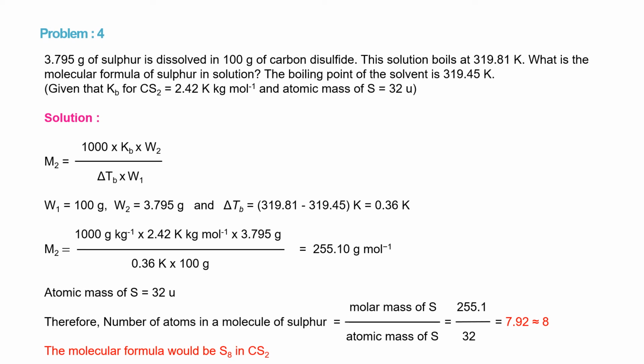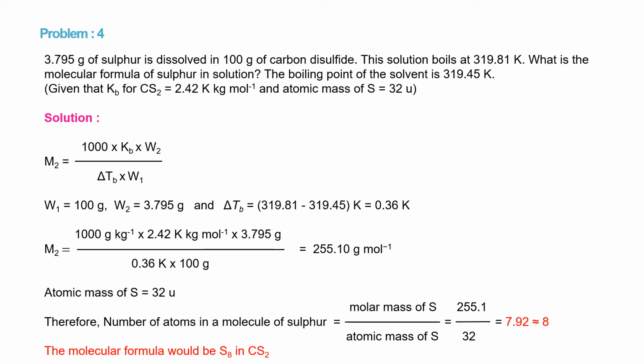And the boiling point of your pure solvent is 319.45 Kelvin. Now see, as we studied, elevation in boiling point is represented by delta TB. Okay. Now delta TB is what?